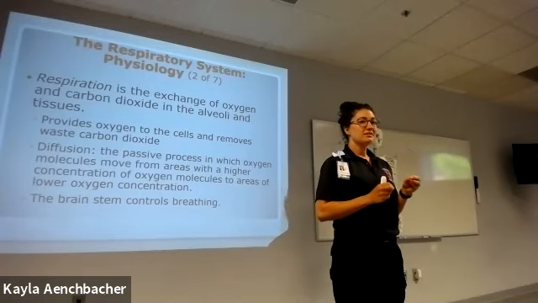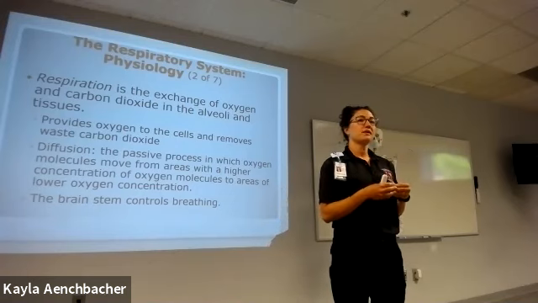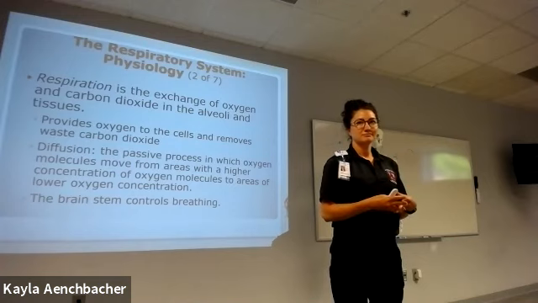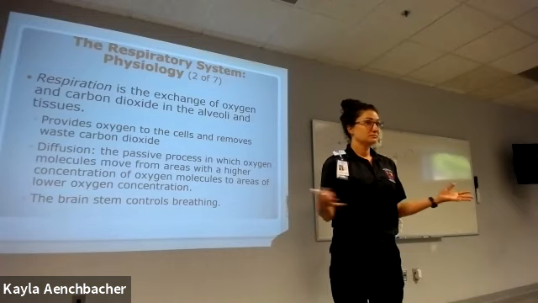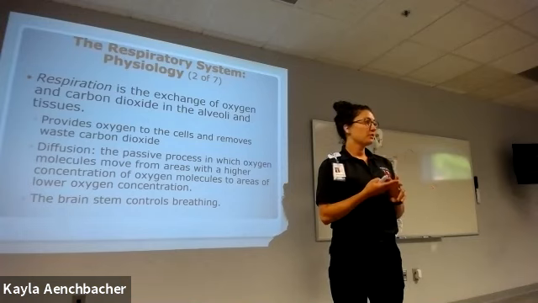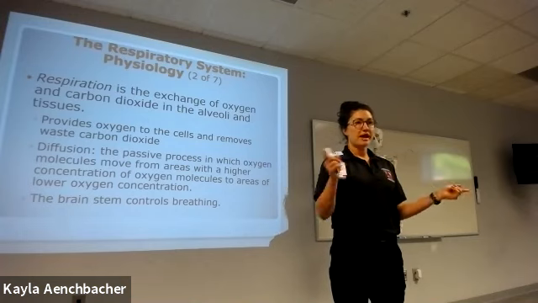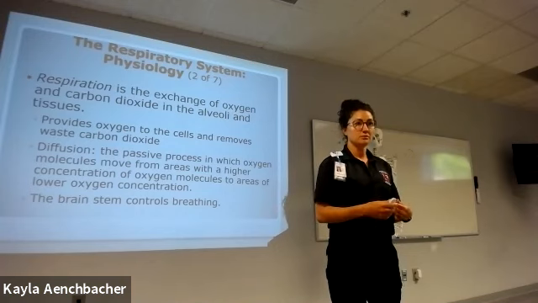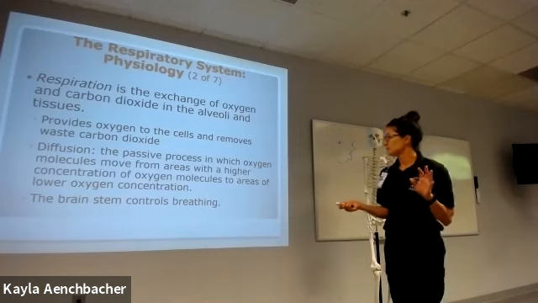We can't have anything that's preventing or causing a lot of resistance at those capillary beds. Or what do you think is not going to happen? The gas exchange, right? If there's any effort required for that CO2 or that O2 molecule to go through those capillary beds, it's not going to happen. That's where we start to run into problems. Okay, we'll get there later.